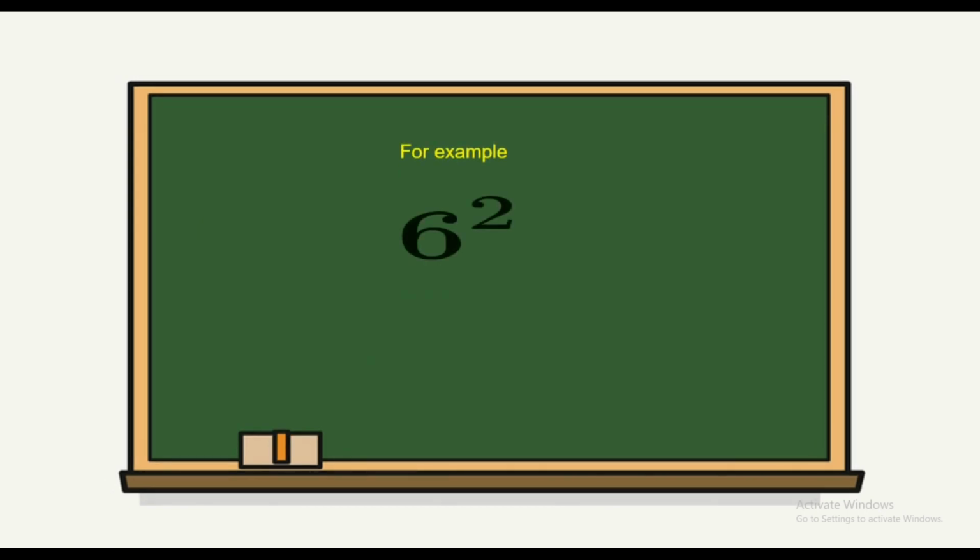For example, 6 square is equal to 6 multiplied by 6 is equal to 36. Here 36 is the square of 6 and 6 is the square root of 36.